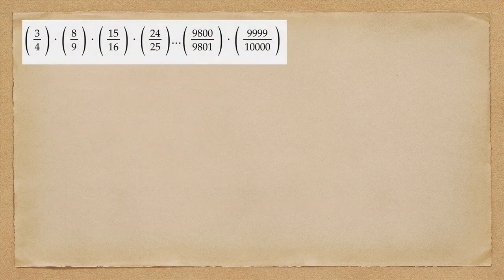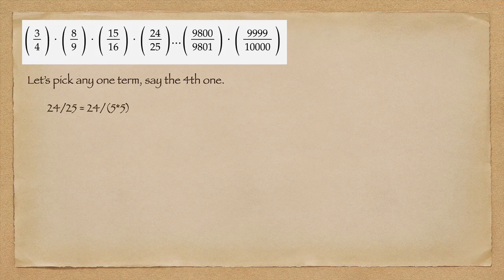Let's think about the problem again and pick one term, let's say the fourth one, which is 24 by 25. 25 is 5 squared, and 24 is 1 less than that, as I mentioned. So 25 minus 1 can be written as 5 squared minus 1 squared, divided by 5 squared.